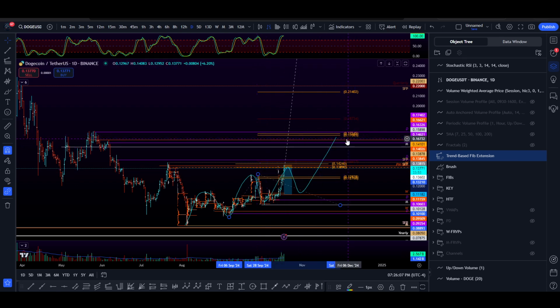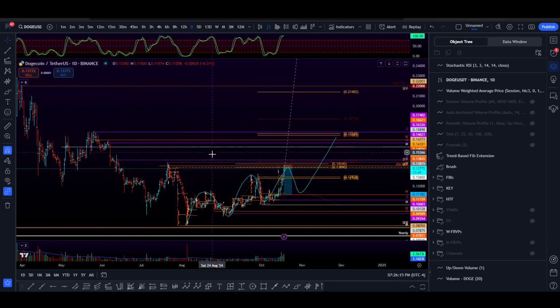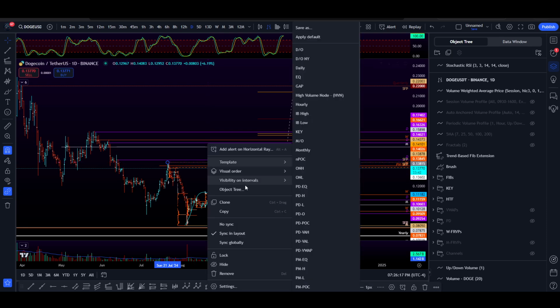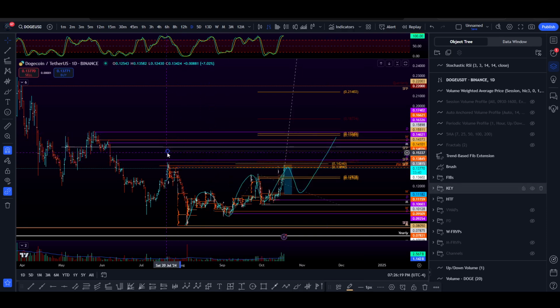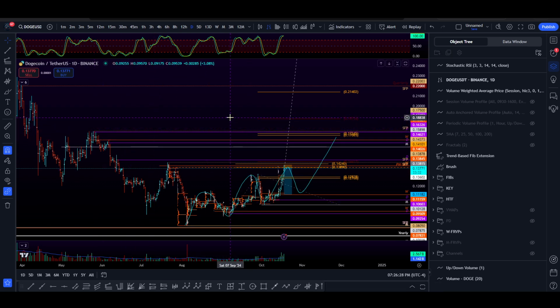We have the other extension, golden pocket, right below this daily. And there's also a pivot high up here too. So another interesting area to look for a short, which will be if we take the highs of 15.898 cents. All right, so definitely an area to look out for.